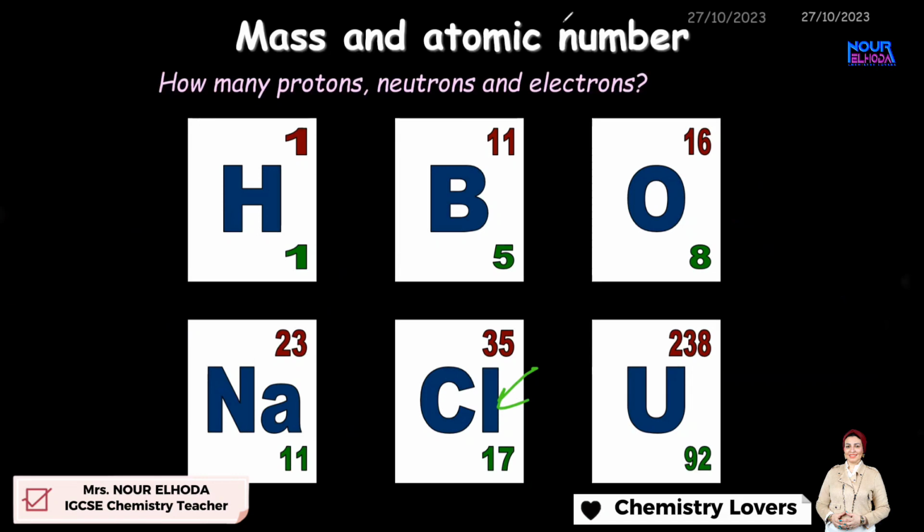You choose the small number. And the neutrons is 18. Bravo, bravo. Good job. So proton is 17, and then you subtract this minus this, so neutron is going to be 18. Bravo يا حلا. Good job.